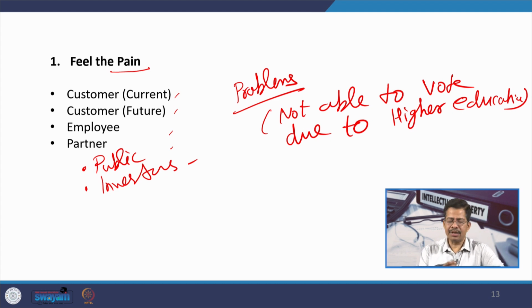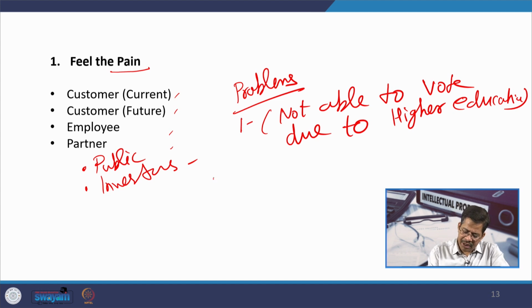This is one problem I identified, and it is possible or it may not be possible that I on my own develop the solution of this problem, but this becomes one entry in my challenge book, the diary which I was mentioning. So, it can be one entry in my challenge book: how can we solve this problem of people not voting for the higher education.